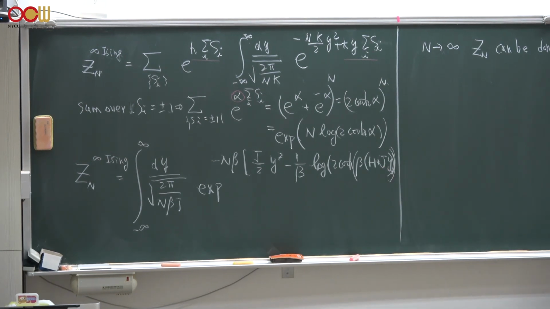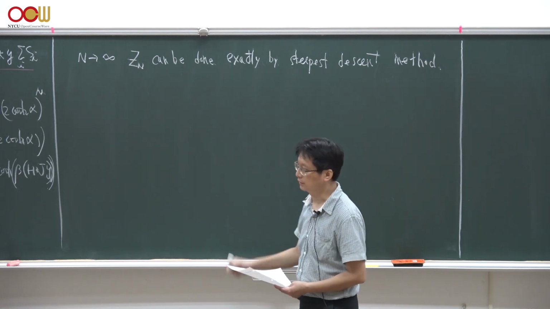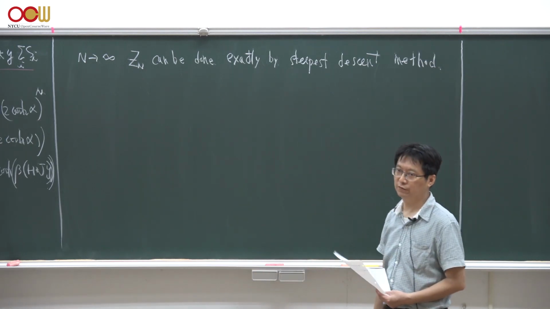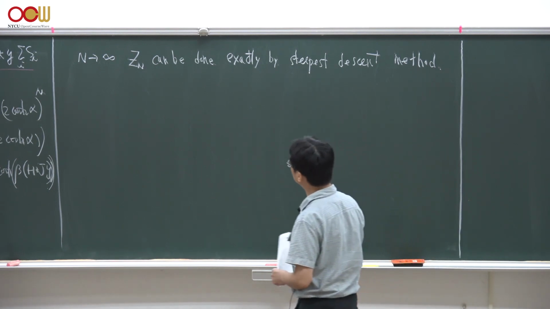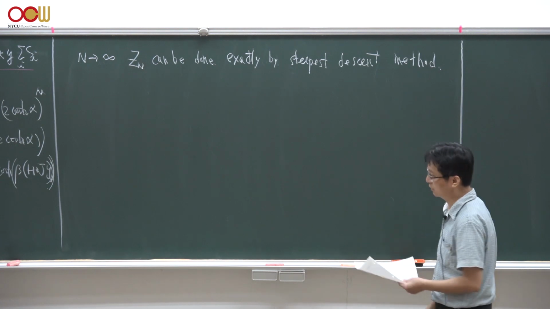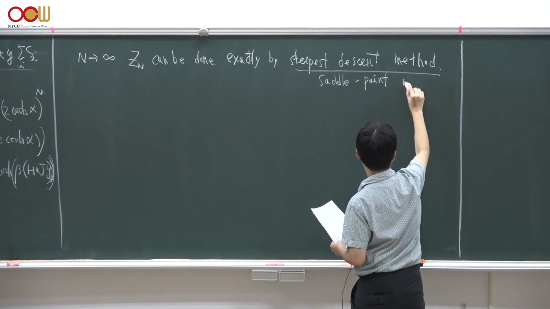So this is a somewhat complicated function of y, but fortunately, in the limit of N going to infinity, which corresponds to the thermodynamic limit, this partition function can be done exactly by a method called the steepest descent method, or the saddle point method.